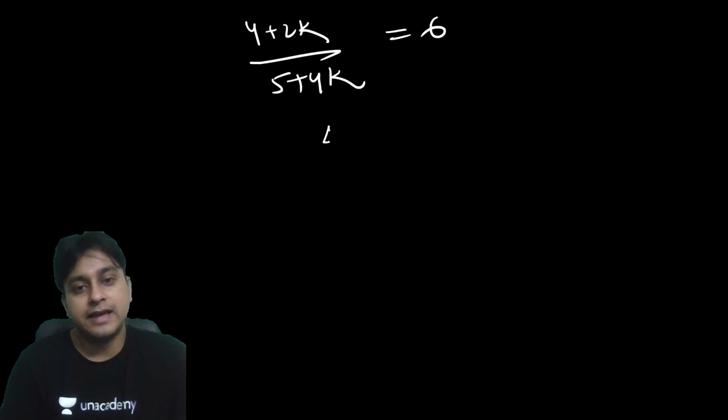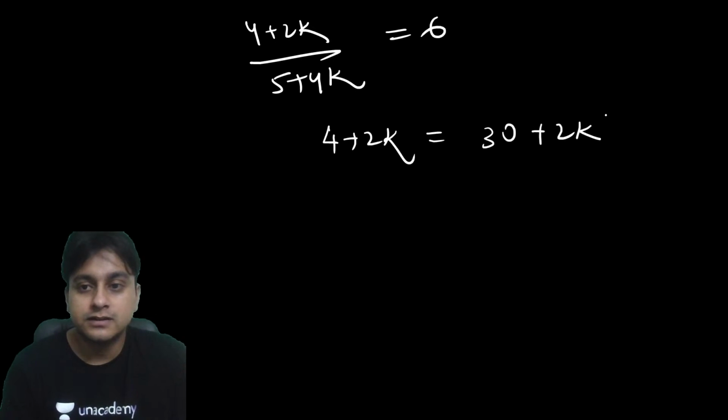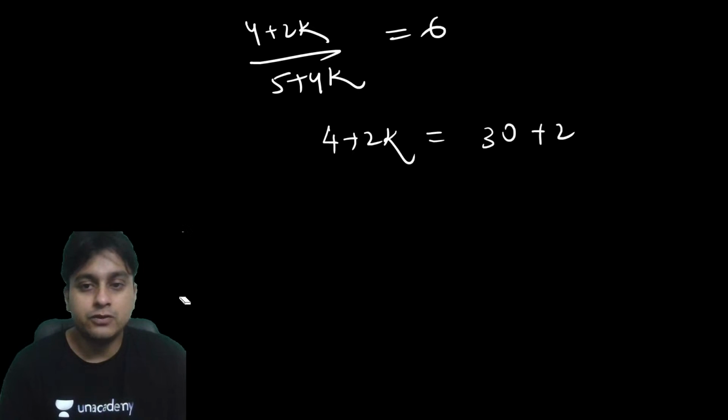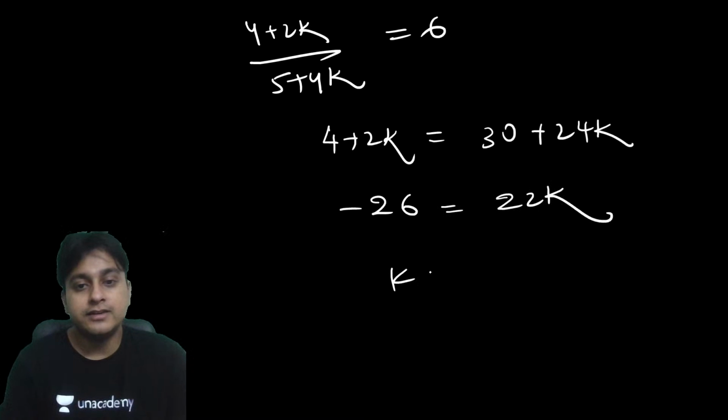So we need the value of k. Guys, cross multiply. What are we getting? 4 plus 2k equals 30 plus 24k. Bringing terms to this side, we are getting minus 26 equals 22k. K is coming as what guys?